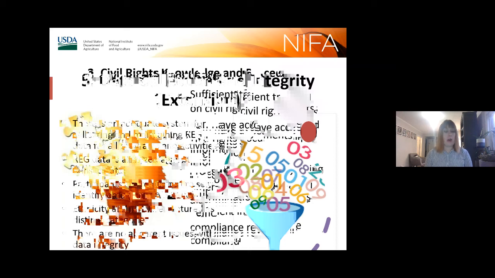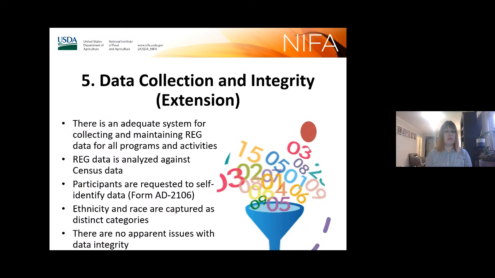And we want to ensure that there are no apparent issues with data integrity. So that's just looking at things like, do your participant numbers add up? Is there any evidence of double counting participants? Things like that. And that ties into asking you about and looking at what is your system in place for collecting and maintaining reg data for your programs and activities.